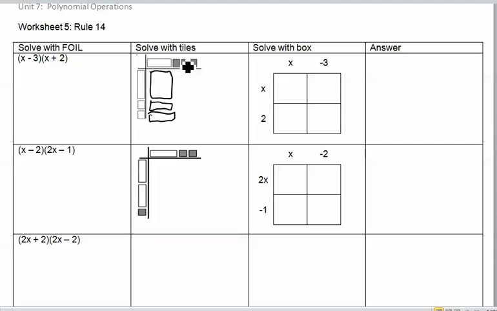And then an x times a negative 1 is a negative x, and we do that 3 times. And then a negative 1 times a 1 is just a negative 1. We have 1, 2, 3, and then this row 1, 2, 3.